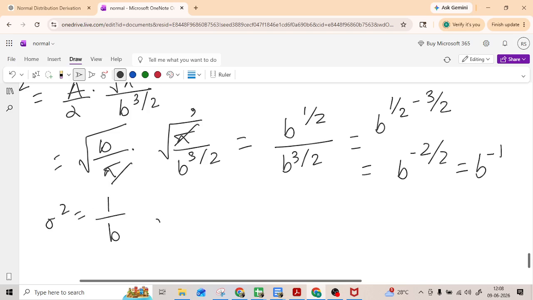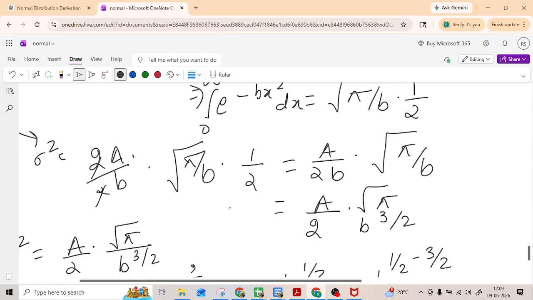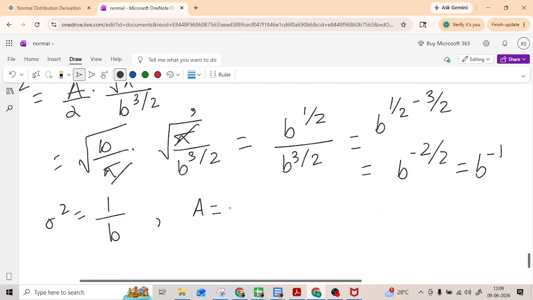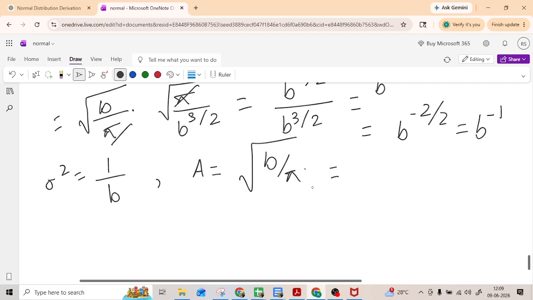And we had a equal to what? We had a equal to root b by pi. So let's square this: a square equal to b by pi.